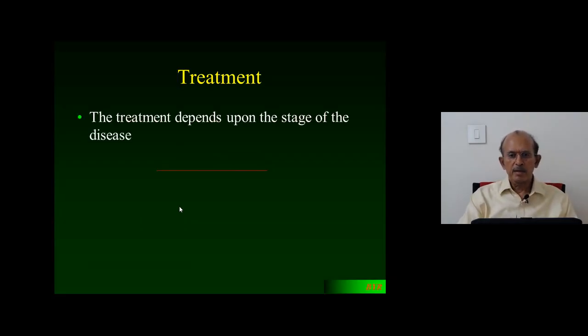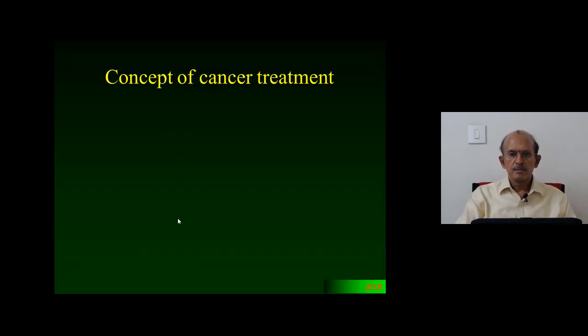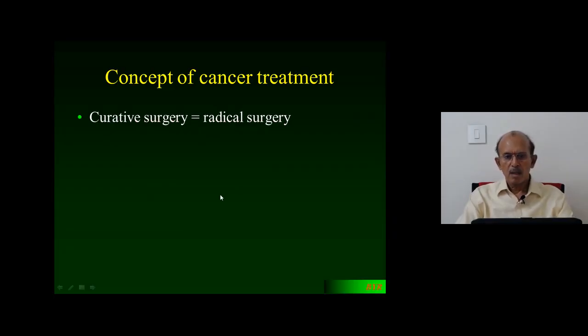The treatment of cancer of stomach depends upon the stage of the disease. Already we discussed the concept of cancer treatment when we were talking about pancreatic surgery. Curative surgery means a radical surgery.